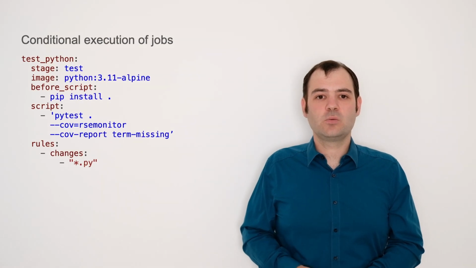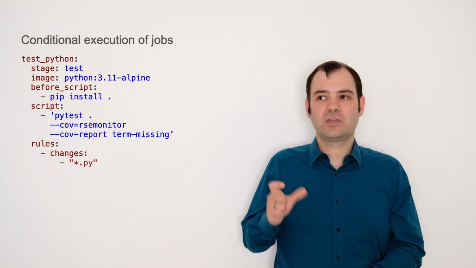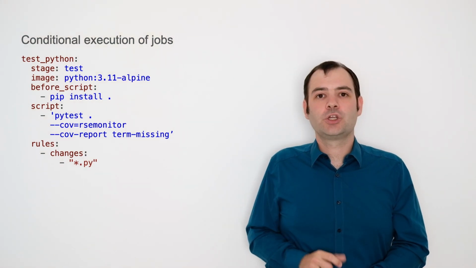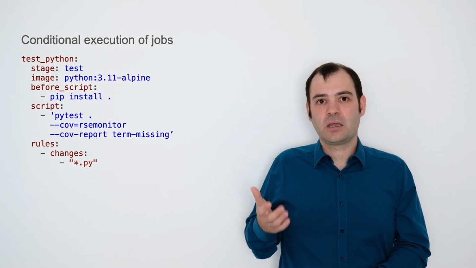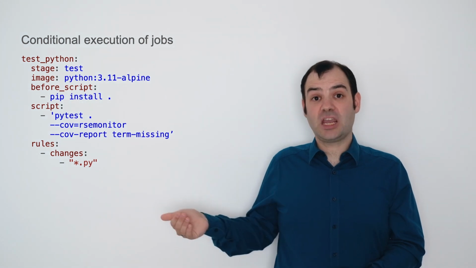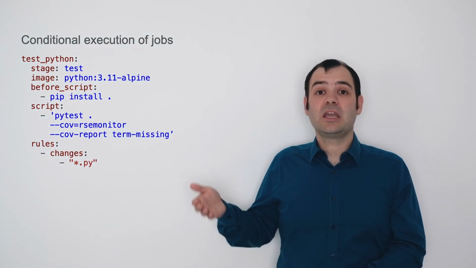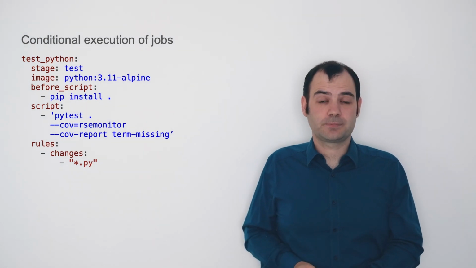This is done by the keyword rules. In this example, I combined it with the word changes to tell GitLab CI that it checks whether these specific files changed in the last commit. If they did, the job is run. If they did not, the job is skipped.